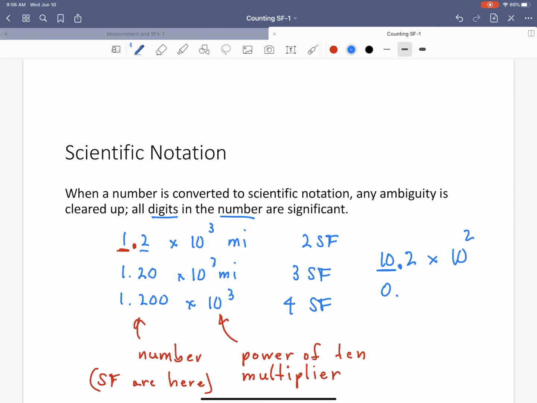This number, I'm just making up numbers here, is not in scientific notation. It is in exponential notation because we have a number and an exponent. But to be in scientific notation, we have to have a number here that is between and including 1 through 9.